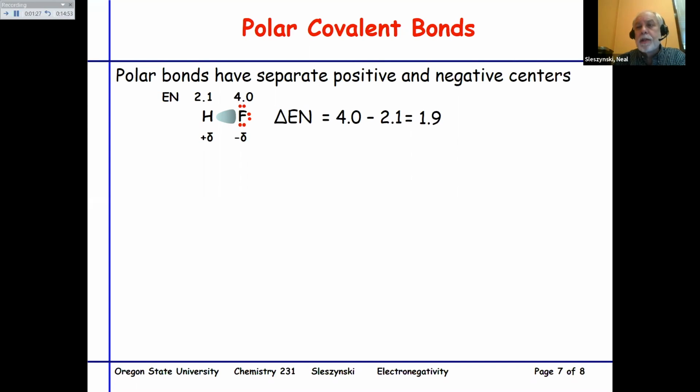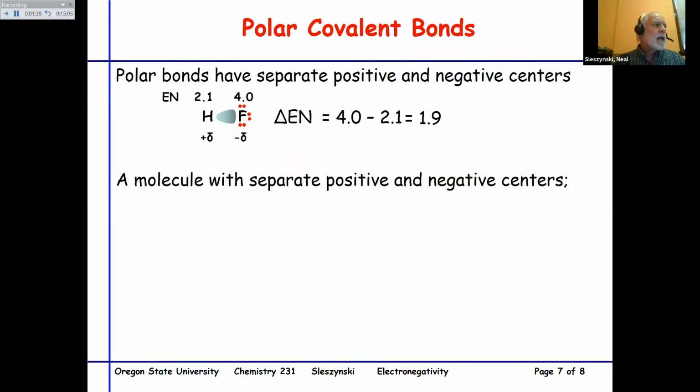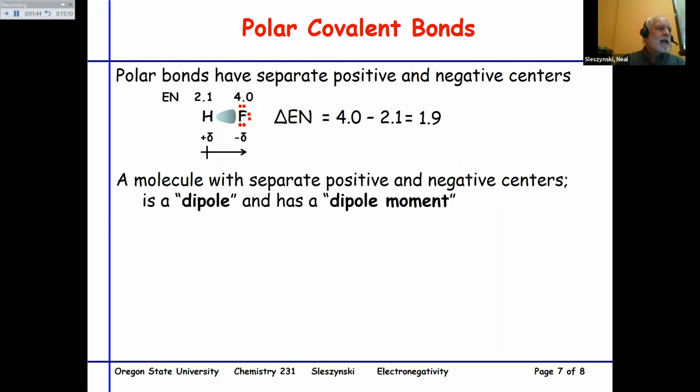So again, we're going to designate, as we draw these molecules, a partial negative charge and partial positive charge, depending on the asymmetric distribution of the electrons in that molecule. A molecule with separate positive and negative centers is referred to as a dipole and has a dipole moment, and we'll show that symbolically by showing an arrow starting in the location of the partial positive charge, with the arrow pointing in the direction of the partial negative charge.